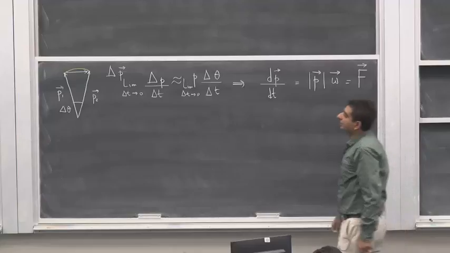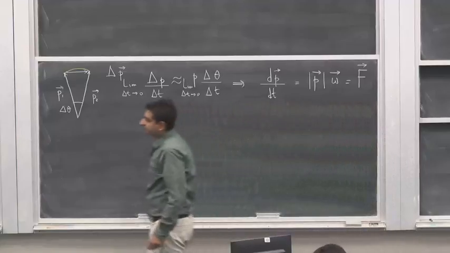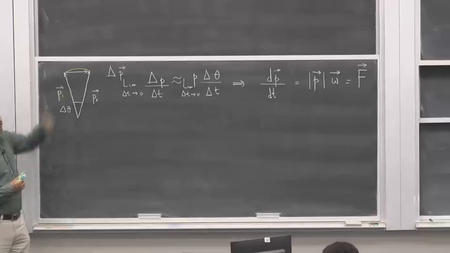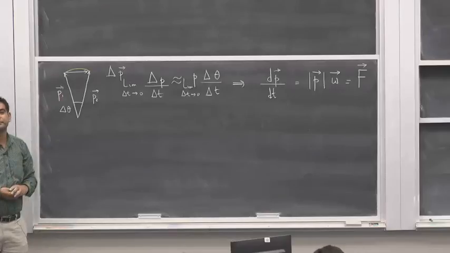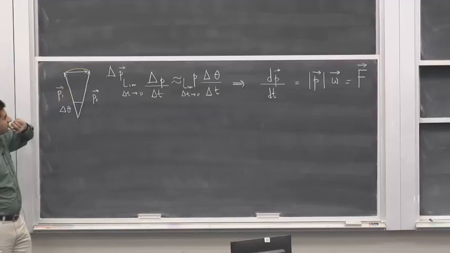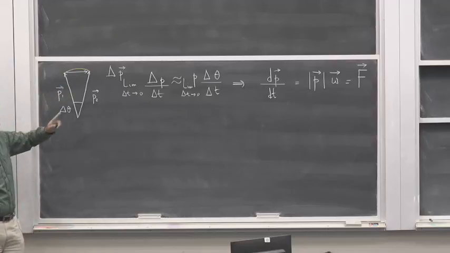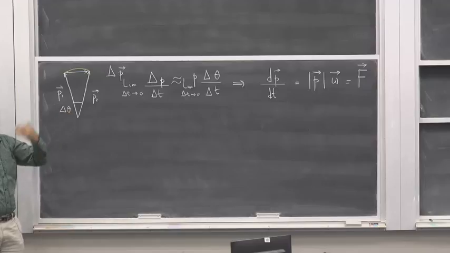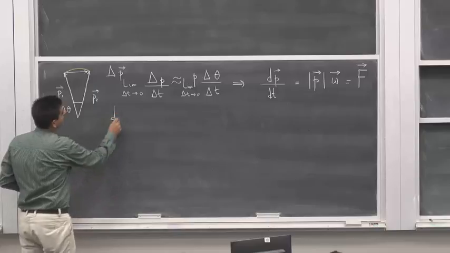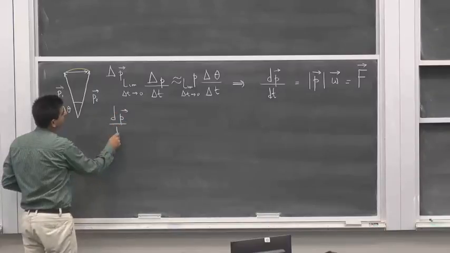Alright? So there are 2 points here. There is a force that acts on this particle which causes a change in the momentum. That force is changing the momentum, but it's not changing its magnitude. It's only changing the direction of the momentum vector. So force can act in 2 ways. You can have dP over dt in 2 different ways.